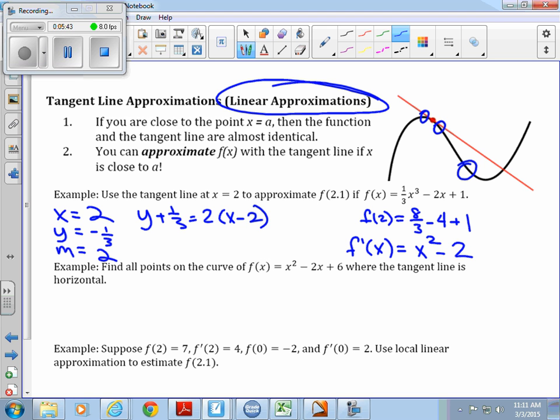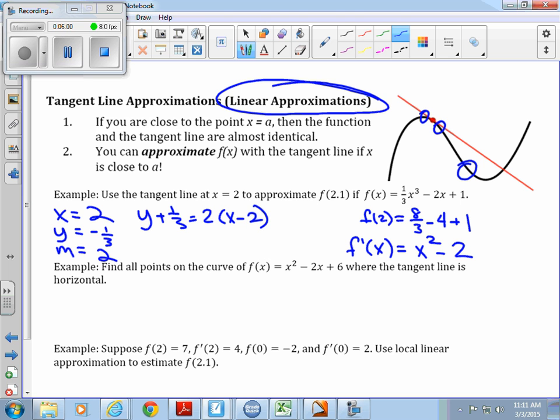Any questions so far? Writing the equation of the tangent line. Are we getting pretty good at that? The only new information today is how to use that to approximate. Well, it says to approximate f of 2.1.